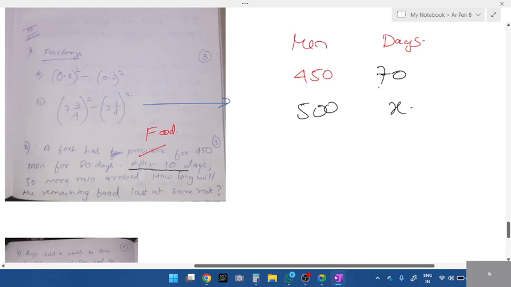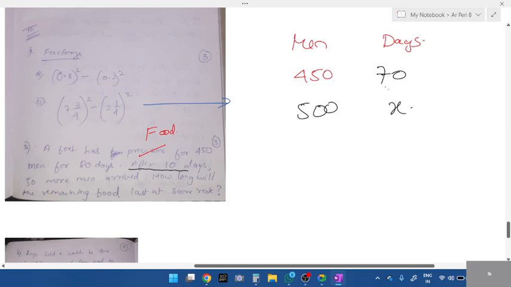Less than. Why less? What's the logic behind that? Very good. There are 50 more men who have joined extra, right? Yeah, so obviously it will get over quicker.